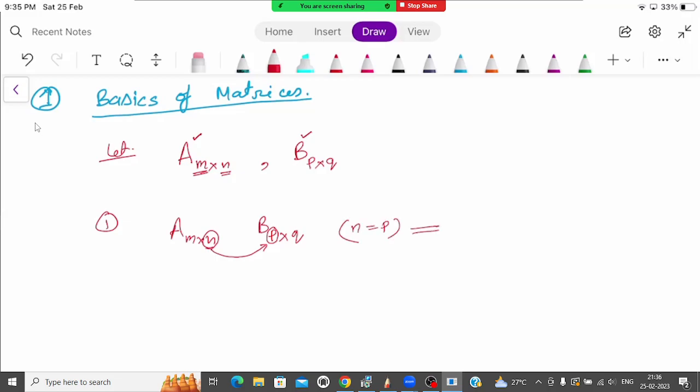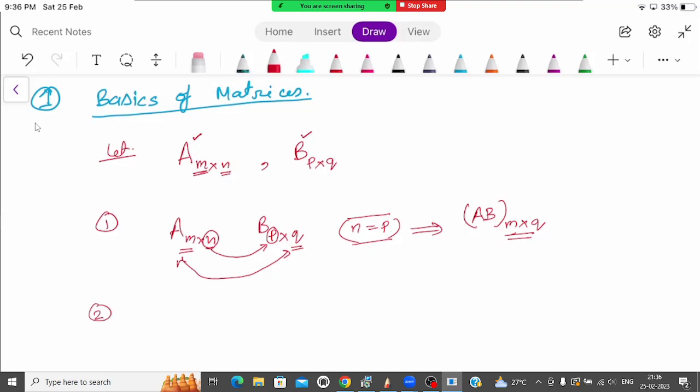Then only can we multiply A and B. Multiplying A and B, we get matrix AB, which will be an m cross q matrix, when n equals p. So this is the first property.